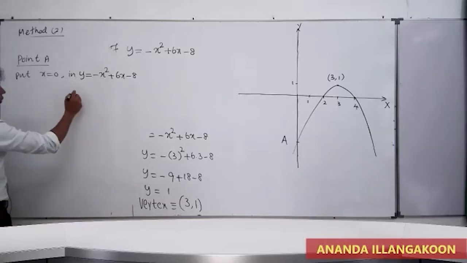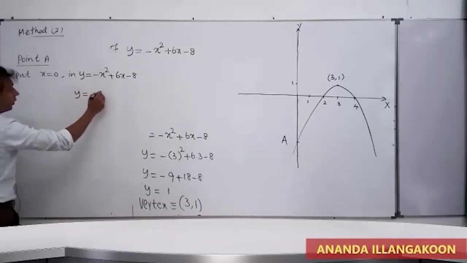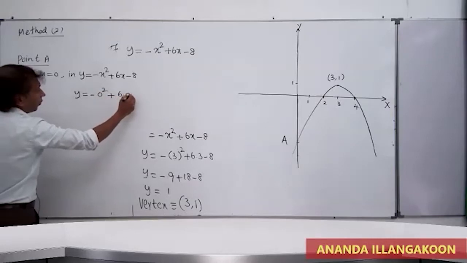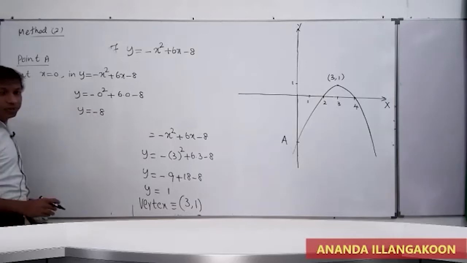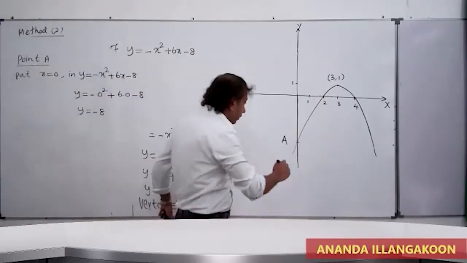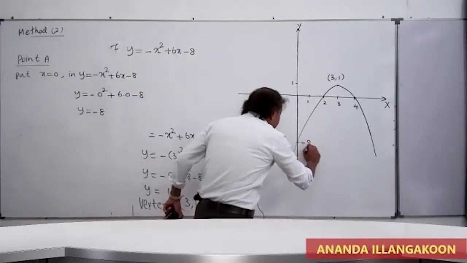Once you put x equals 0 there, what do you get, people? Minus 0 squared plus 6 into 0 minus 8. This is 0, this is 0, y is minus 8. Therefore, people, this point A is minus 8. That we found.